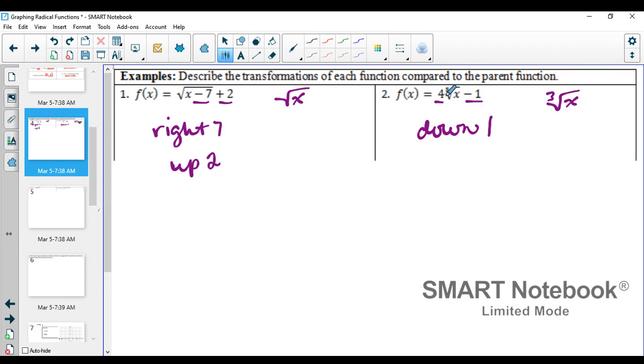And then 4 is a. Since a is positive, it does not reflect. But the absolute value of a is greater than 1, which means this is a vertical stretch by 4, which means the space between the y values is going to be multiplied by 4.